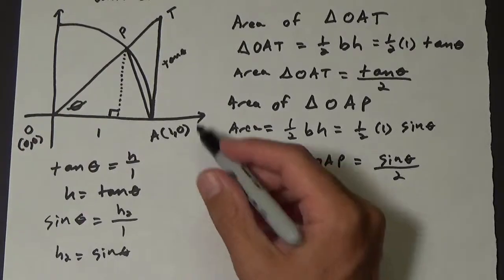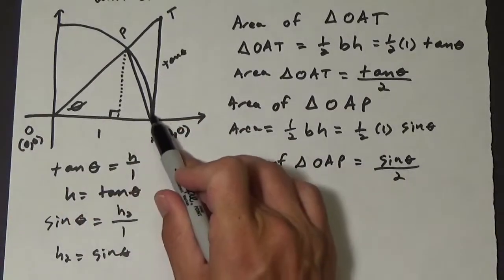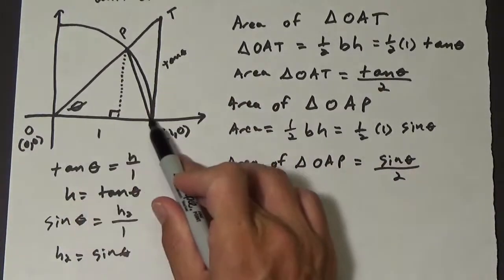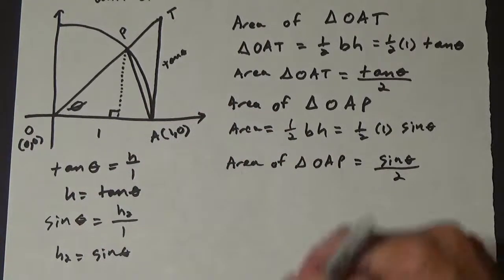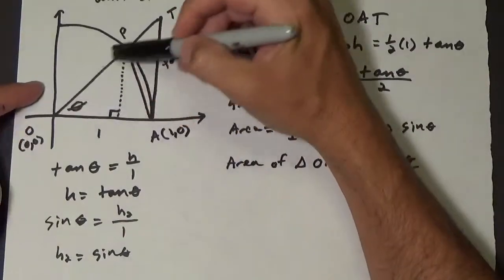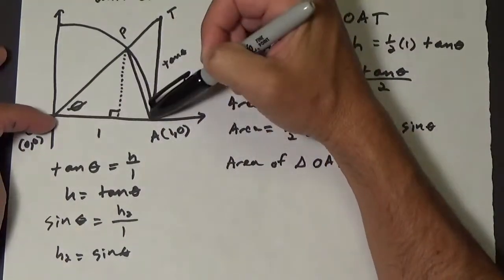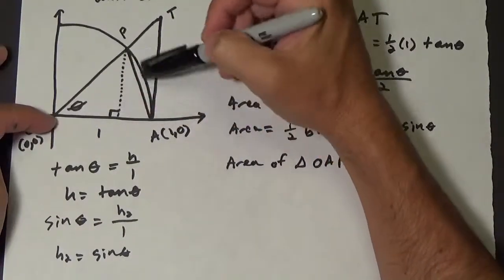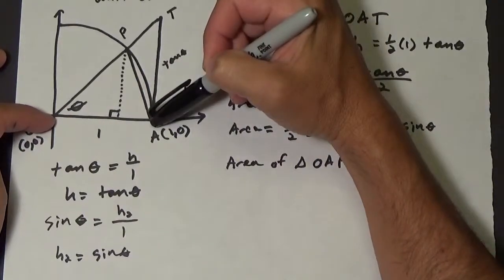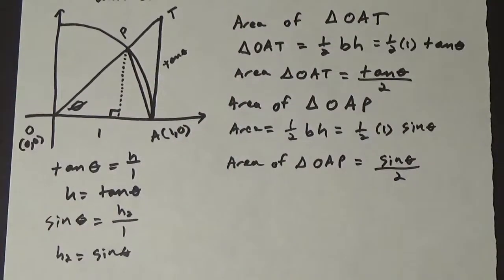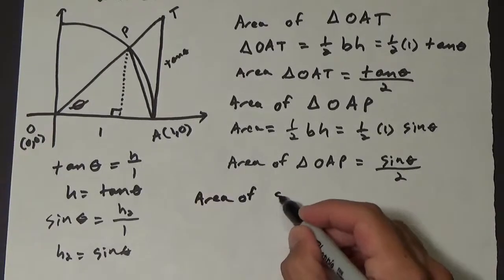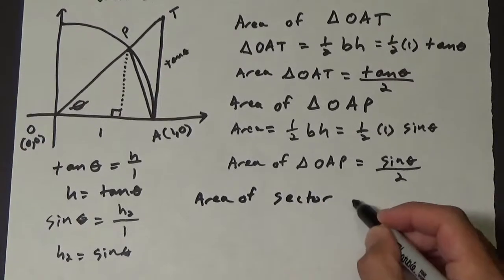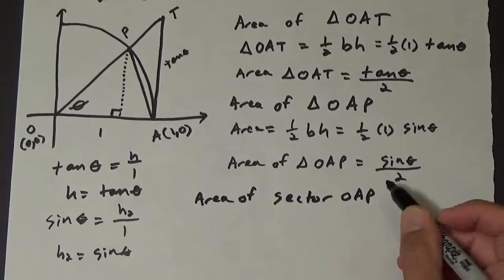Alright, now the last thing we need is we have a sector. So if you remember from trigonometry or your study of geometry, a sector is basically a portion of a circle. It's kind of a piece of the pie. What is the area of that? So let's go ahead and look at the area of sector OAP.